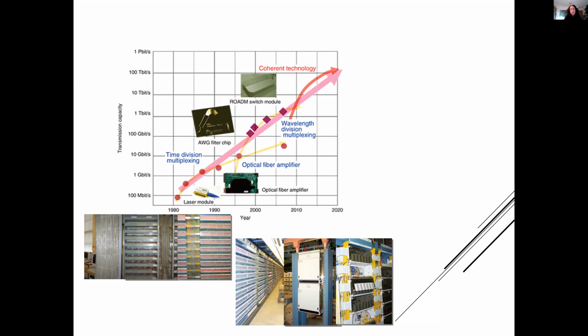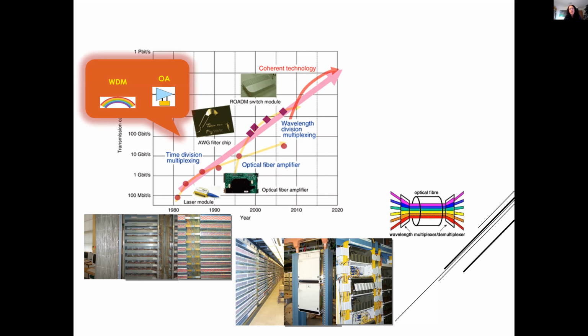And that's when the story began, because starting from that time, everybody was digging, taking away copper. So this is a very old central office, and they moved to optical fiber, as you see here.